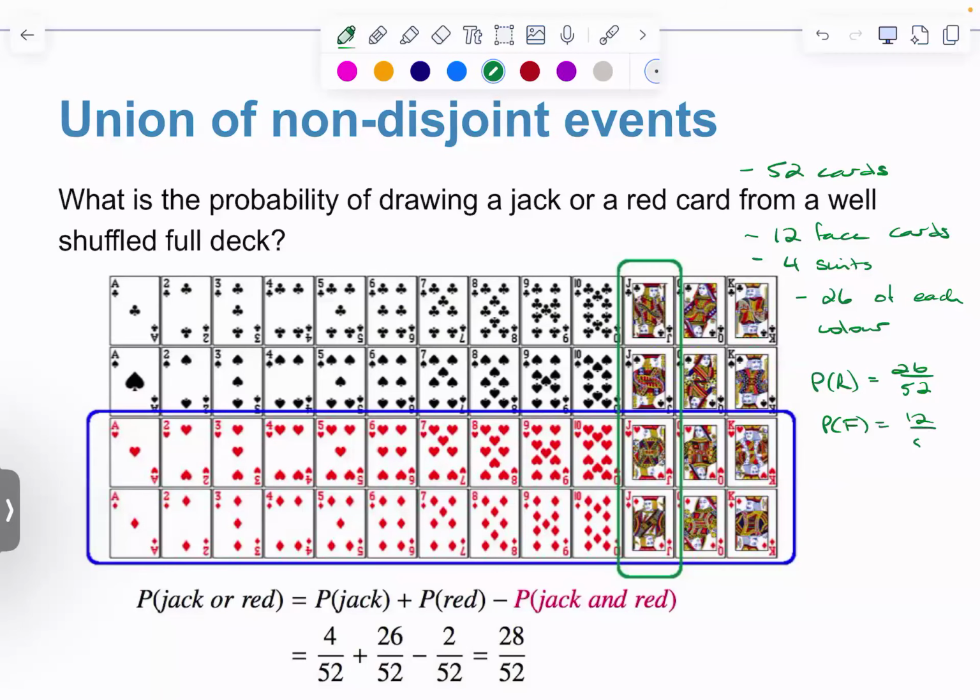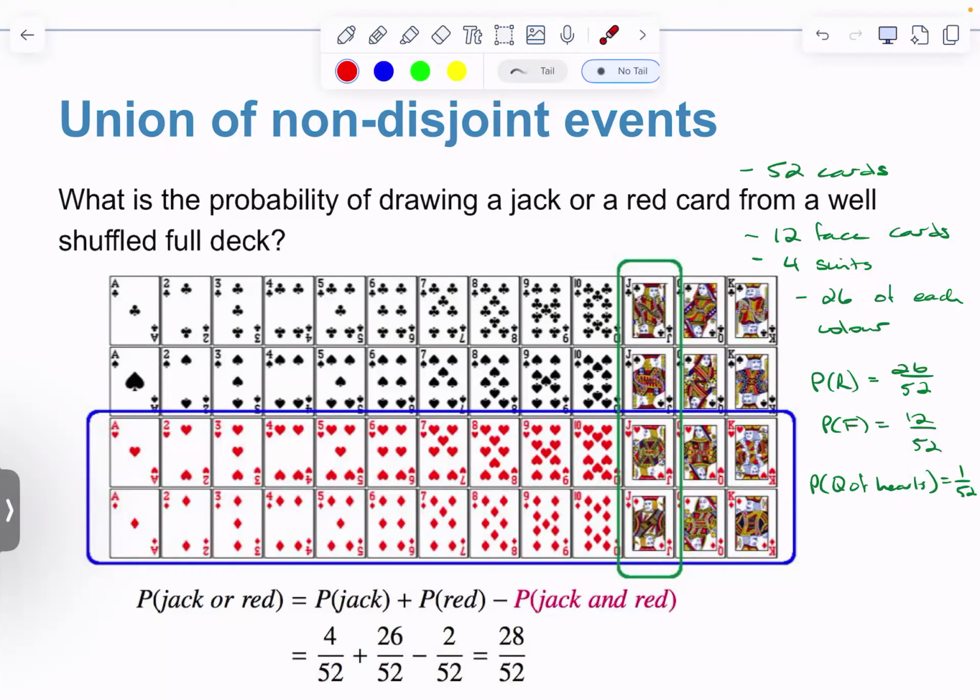It's going to be 12 out of 52. What's the probability of drawing the Queen of Hearts? It must be 1 out of 52. There's only one of those. So the probability of drawing the Queen of Hearts, which is this one here, is 1 over 52.